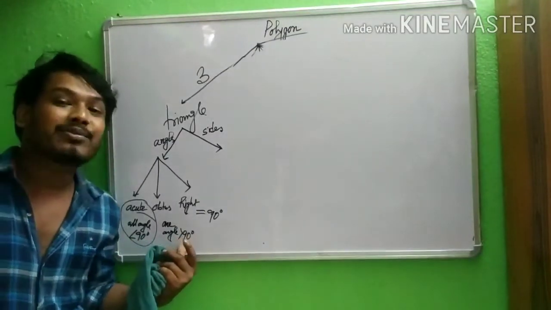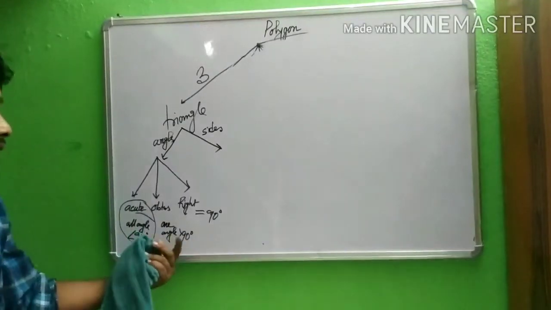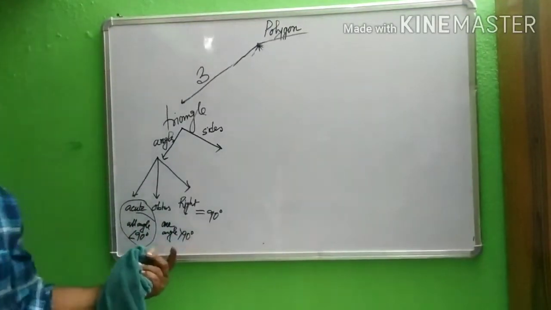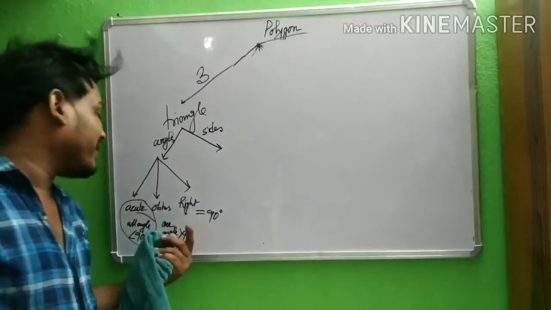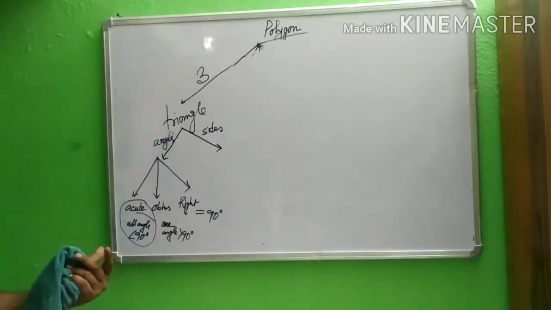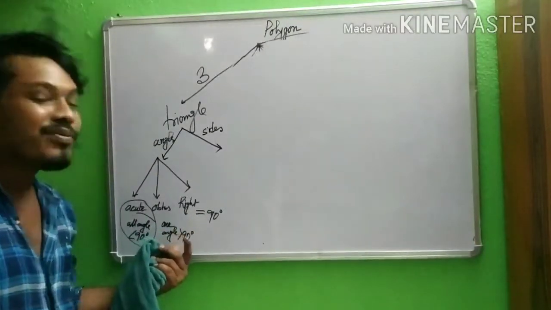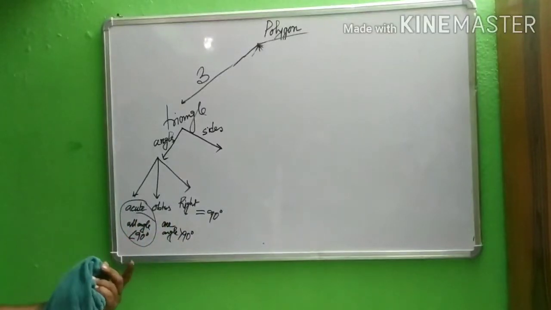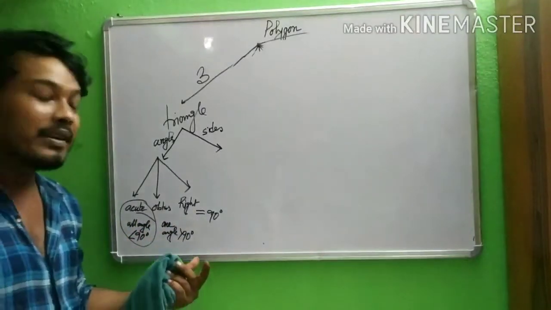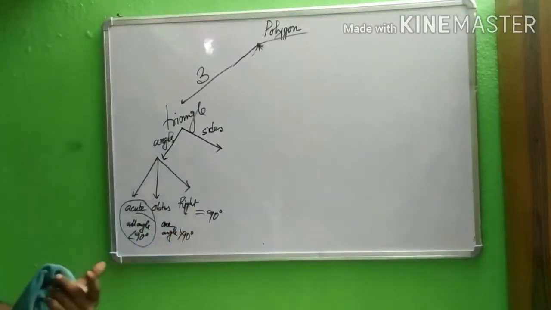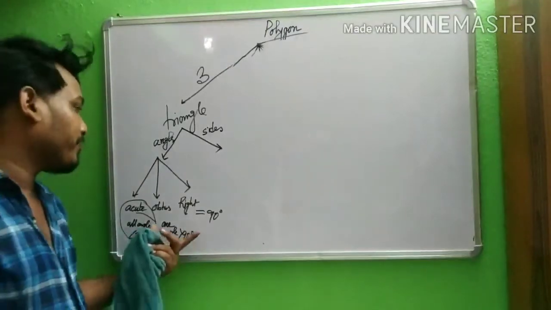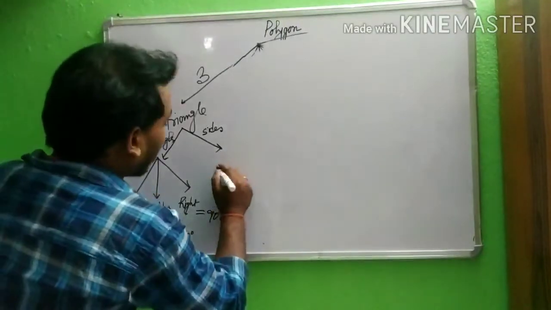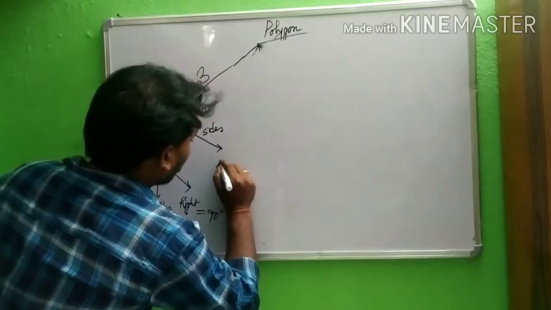Two angles more than 90 is not possible, because then the sum of the two angles would be more than 180. But the angle sum property says that the sum of all angles of a triangle is equal to 180.